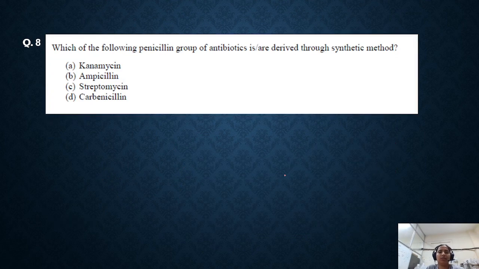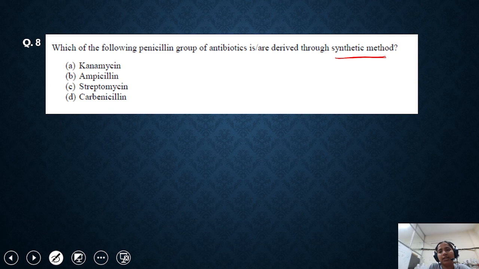Then this is the next question: which of the following penicillin group of antibiotics is derived through synthetic methods? So options are kanamycin, ampicillin, streptomycin, and carbonicillin. First you must know what is the difference between the synthetic method and the natural method.